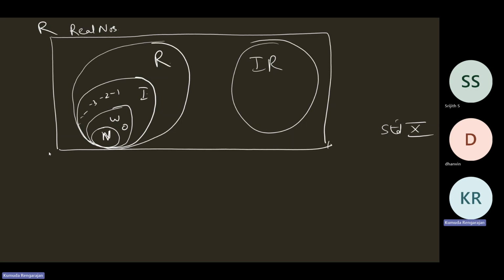Numbers that exist are called real numbers. Imaginary numbers are numbers that don't exist.